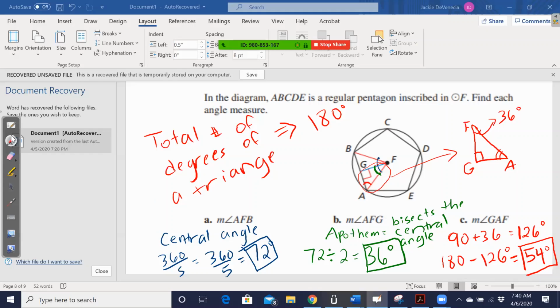Now, let's say, for example, we have a question that's asking us to find this angle.